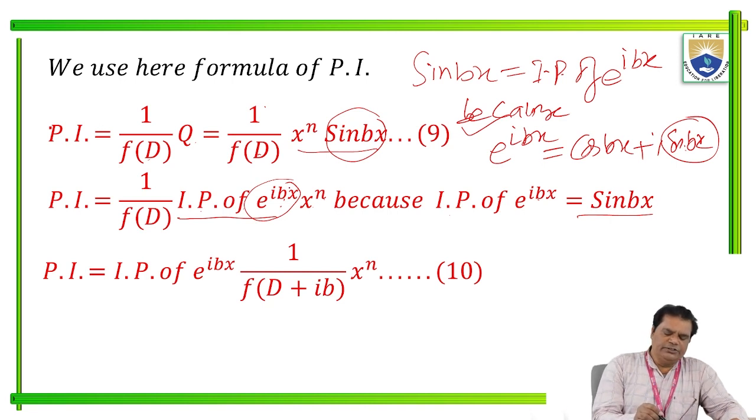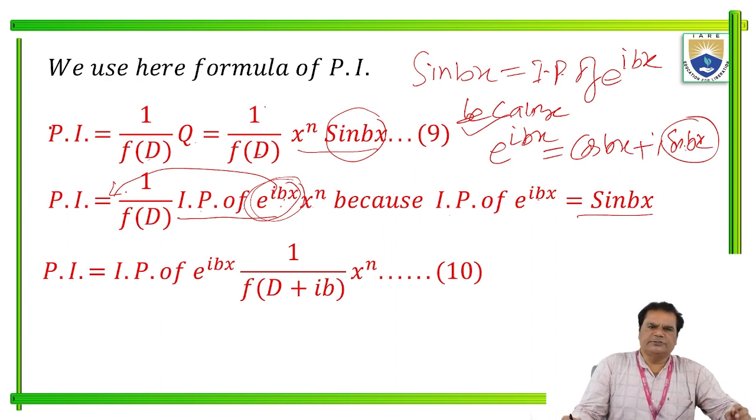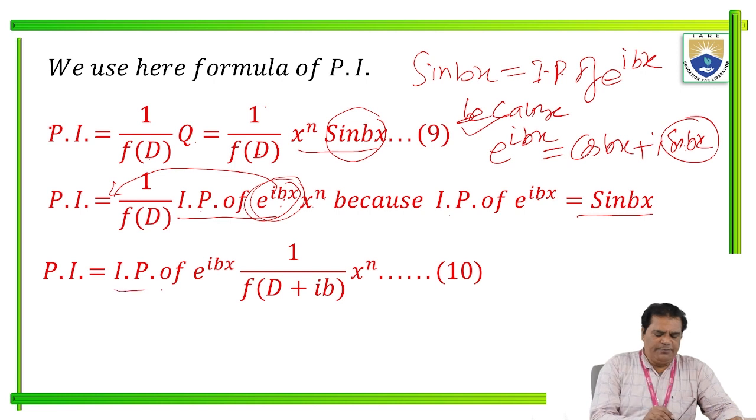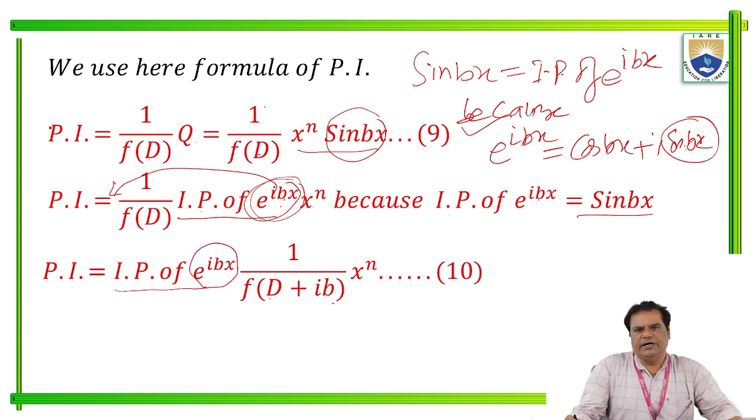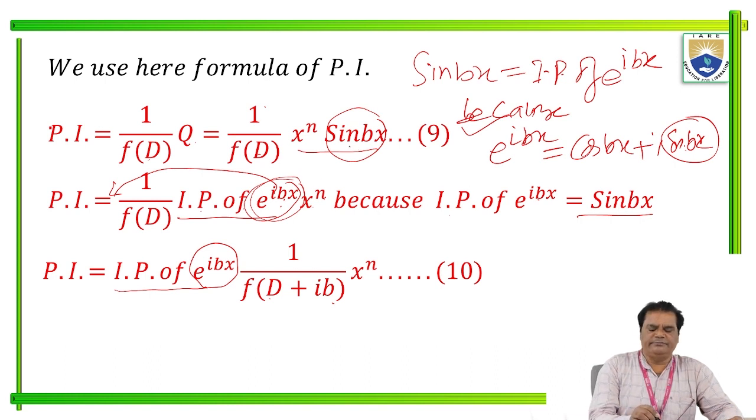So here this e to the power ivx, the exponential function, we take to the left side. Then this is the imaginary part of e to the power ivx times 1 upon f(D plus iv) into x to the power n. This is equation 10.